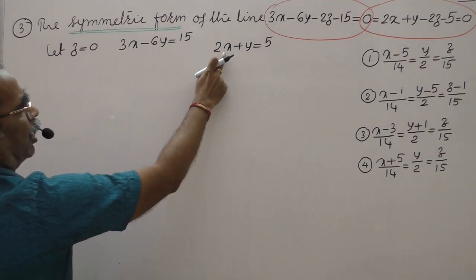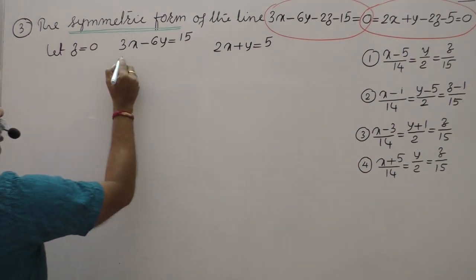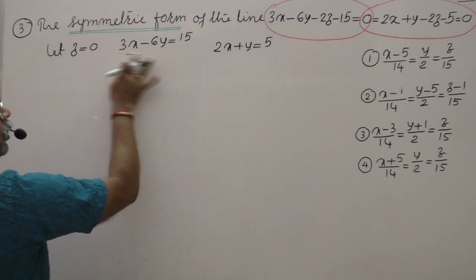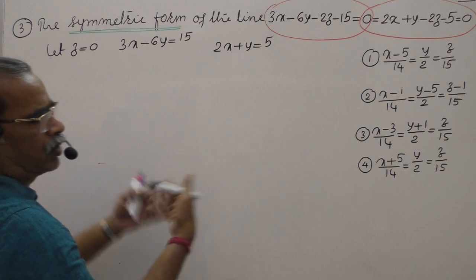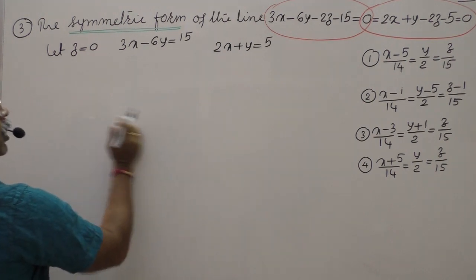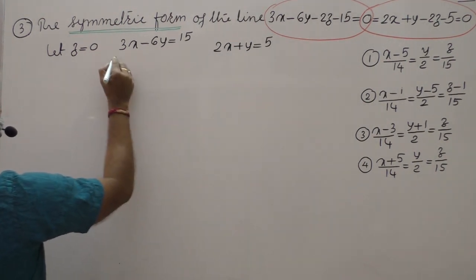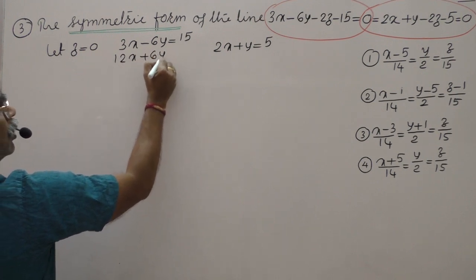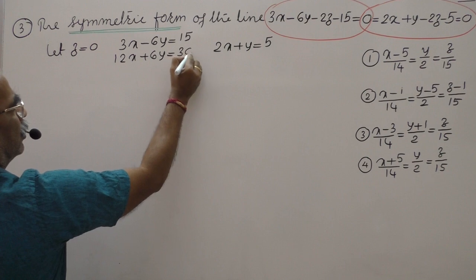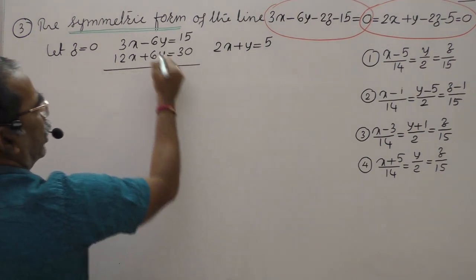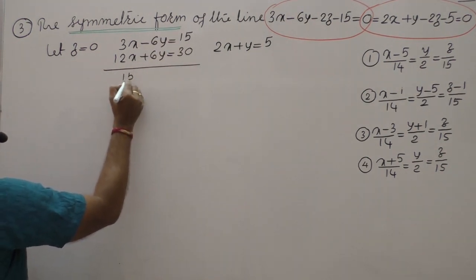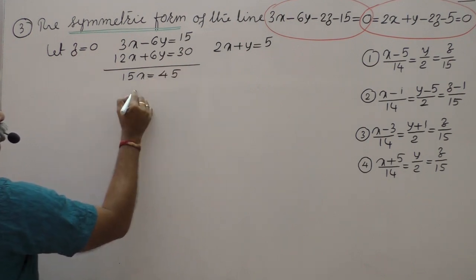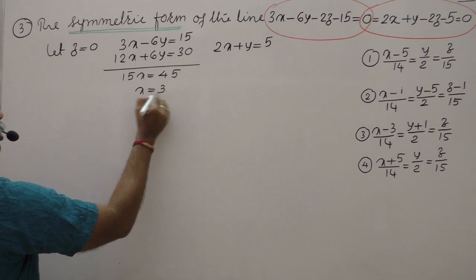What do we do? I will multiply this with 3. Not 3, we should multiply with 6 to make the x coefficients or y coefficients equal. So if I multiply with 6, 12x, 6y, 6 into 5 is 30. By adding, I can cut these two. 15x is equal to 45 implies x is equal to 3.